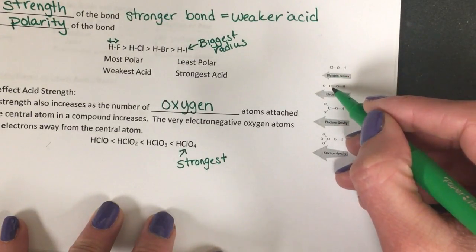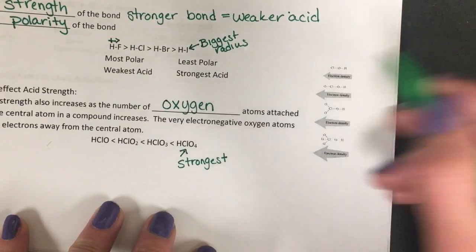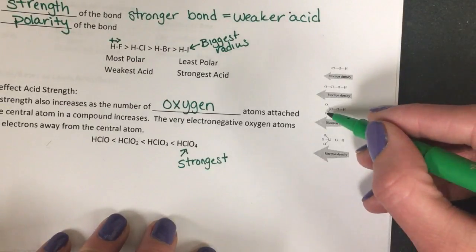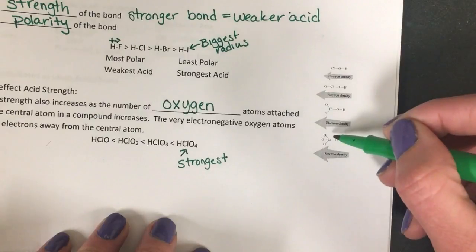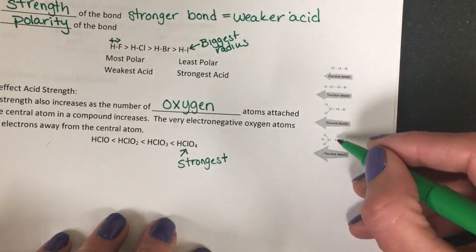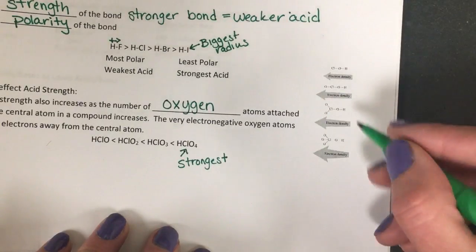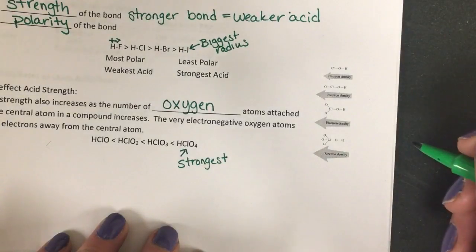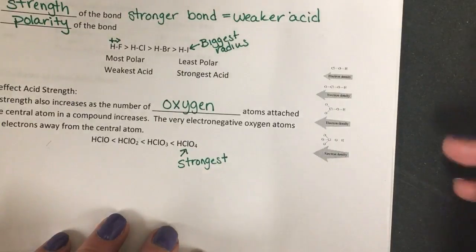However, this oxygen is attached to the Cl, which is attached to other oxygens, which are also electronegative. The more electronegative atoms I have attached to my central atom, the more pull there is on those electrons, the less this is going to have electrons, and so it's going to be pulled here as well, and it's going to be easier for this hydrogen to break off. Okay?